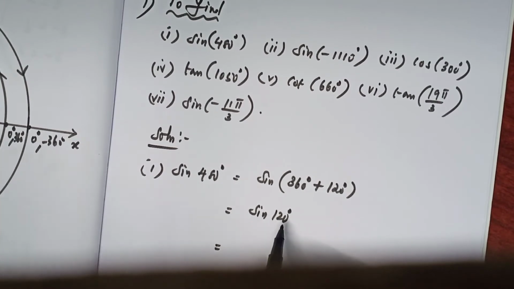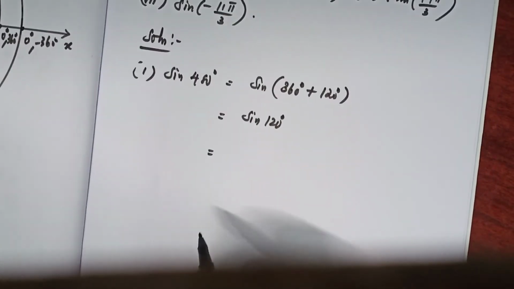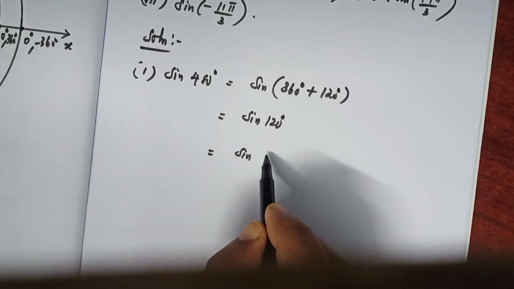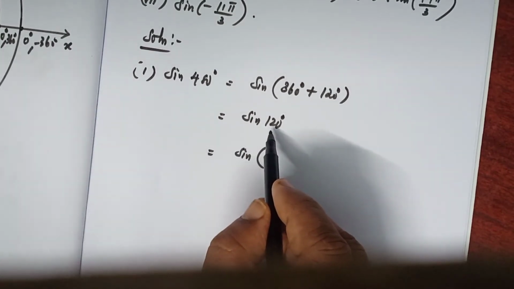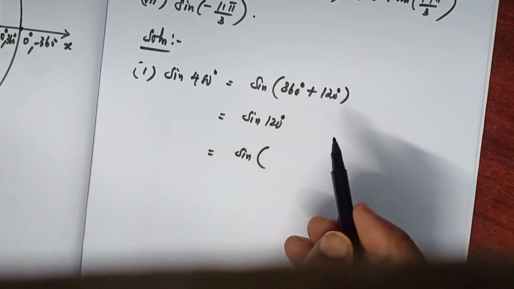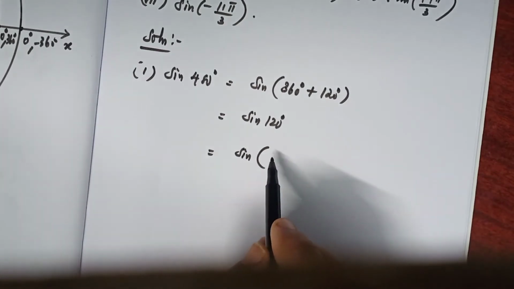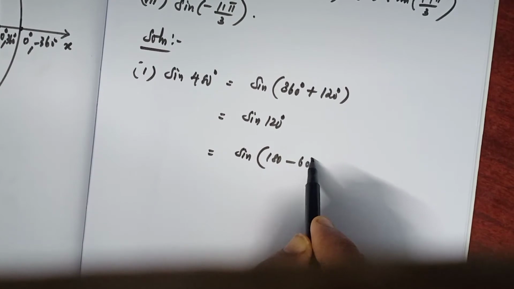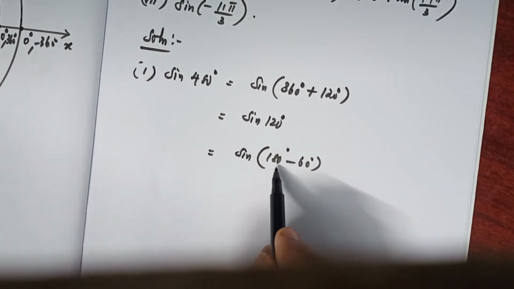Now, sine 120 degree, how to separate? Sine right as it is. This 120 degree can be written as 90 plus 30 or 180 minus 60. I take 180 minus 60 degree. The first angle here should be 90 degree or 180 degree or 270 degree or 360.